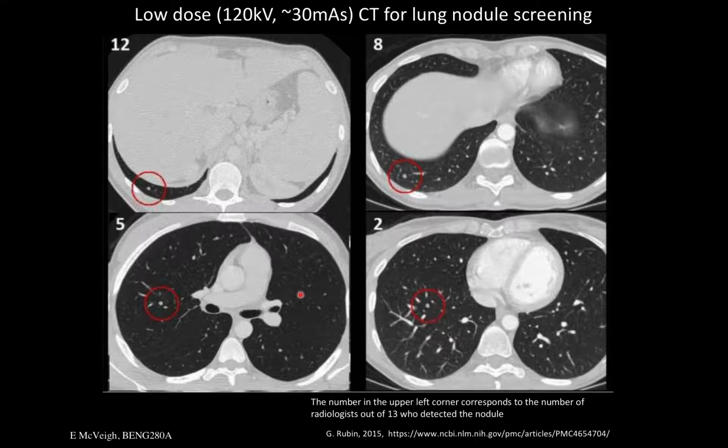The issue with things like this is, for radiologists, this is a hard job to do over and over and over and try and pick these things out. You can imagine that if you had a trackball and you were rolling up and down through these slices, the way that this thing is moving as you roll up and down could be an indicator that, oh, wait a minute, that's not a vessel. That's not tracking like all these other vessels in the field of view.